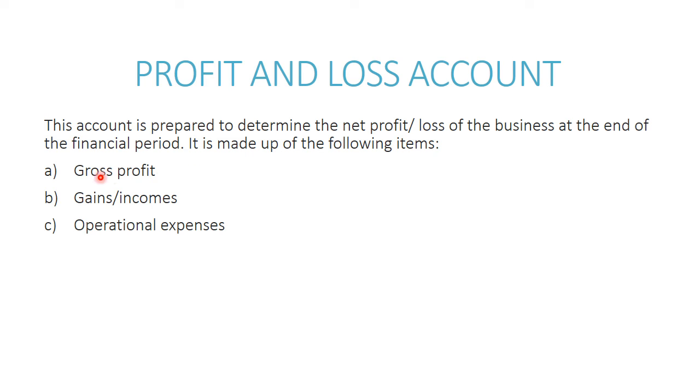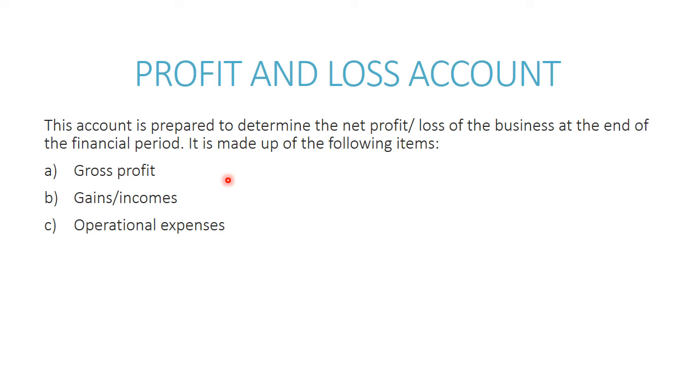When we talk about gross profit, the simplest definition is that it is the excess of sales revenues over the cost of sales. How much did it cost you to generate those revenues? So you compare the total sales and the cost it took to generate those revenues.